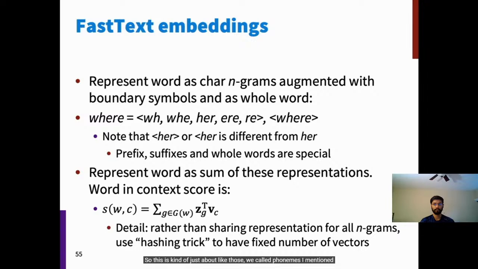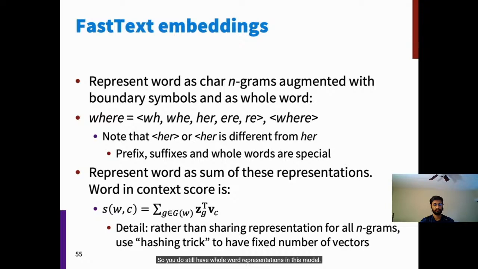This is just like those Wickelphones I mentioned right at the beginning, where you have a boundary symbol so you know the beginning of the word. So if the length is 3, you have beginning of word WH, WHE, HER, ERE, RE, end of word as pieces of representation. And then you have an additional one for just the whole word.